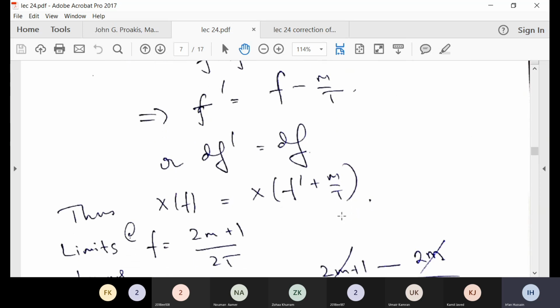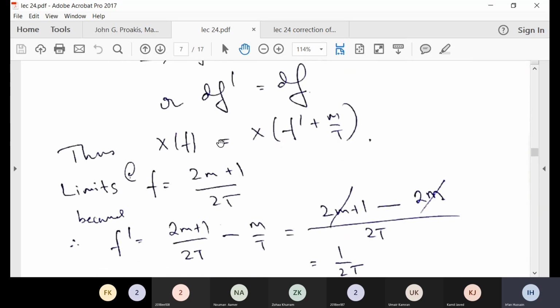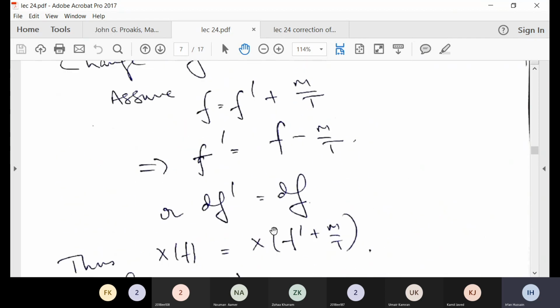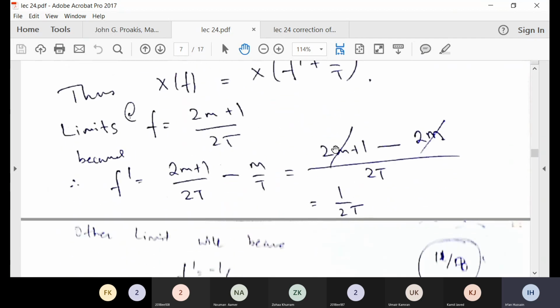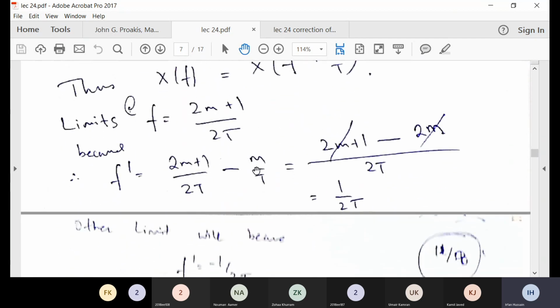What will happen to the limits? The first limit was at (2m plus 1) over 2t. The new limit for f dash, after the change of substitution, will become (2m plus 1) over 2t minus m over t, because f dash is equal to whatever the value of f is, minus m over t. So I take its LCM.